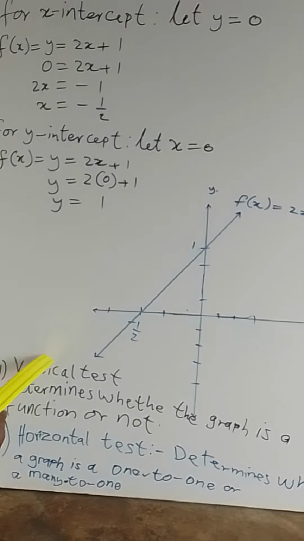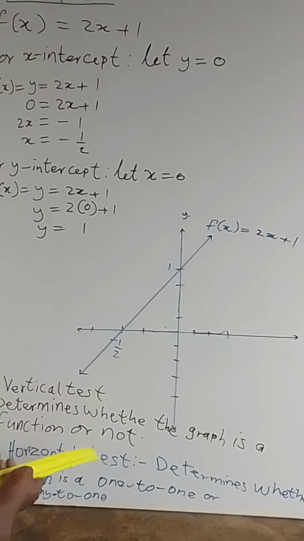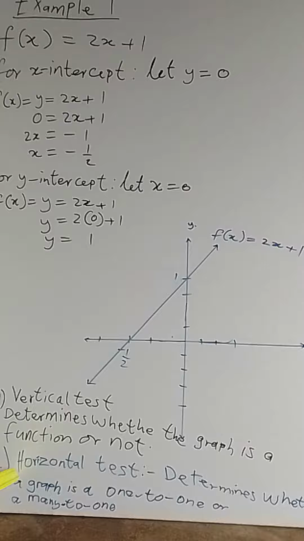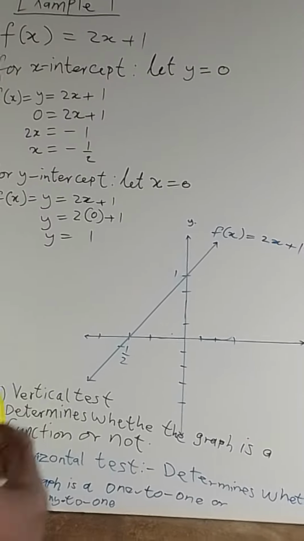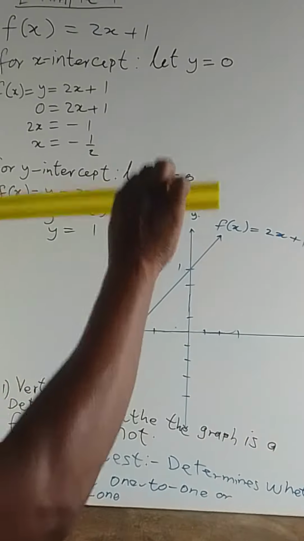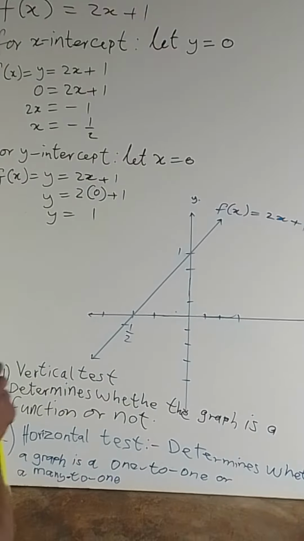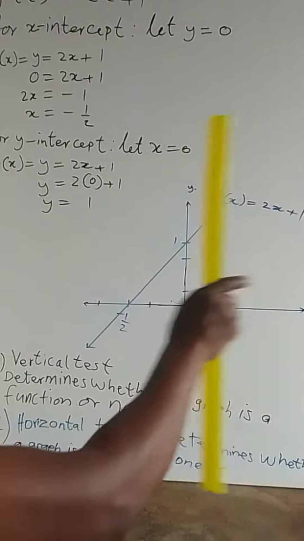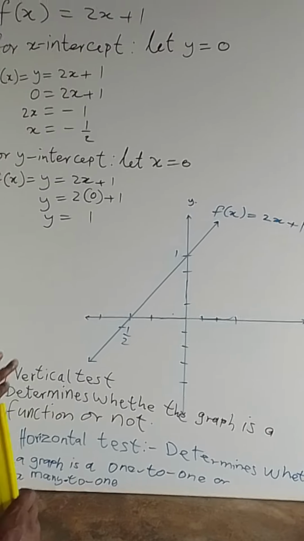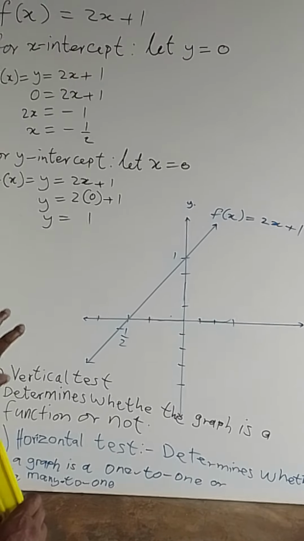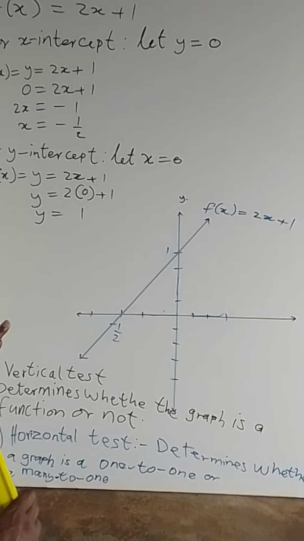If the vertical test passes, then you go to the second test. You are going to use a horizontal. By using a ruler, you're moving it up and down. Then by vertical, you're moving left to right or right to left. Then you determine whether it's a function, and if it is a function, what kind of function it is.